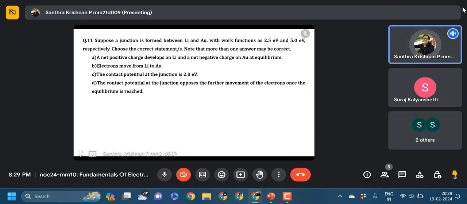They are forming a metal junction and the work functions are given. The one for gold is higher than the one for lithium, and based on the field, how much field and in what direction the electrons move, which of these statements will be correct.